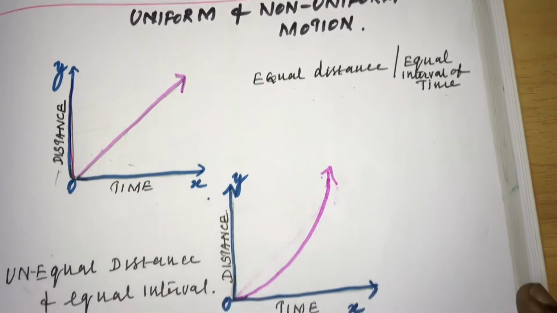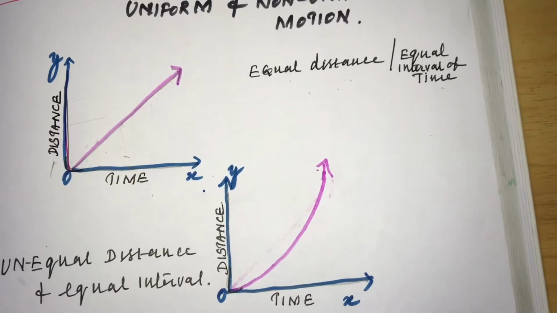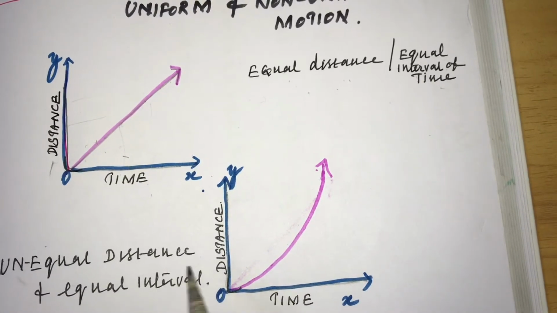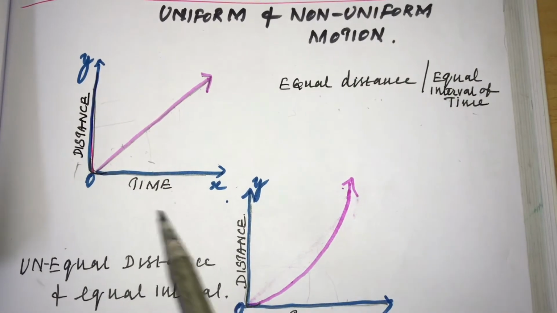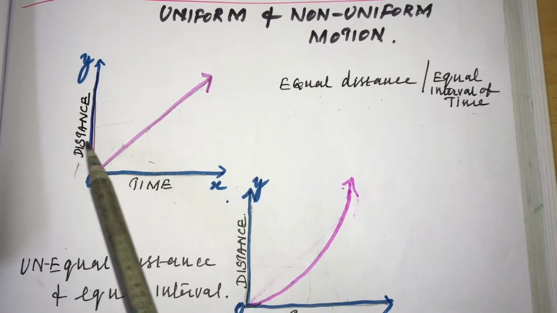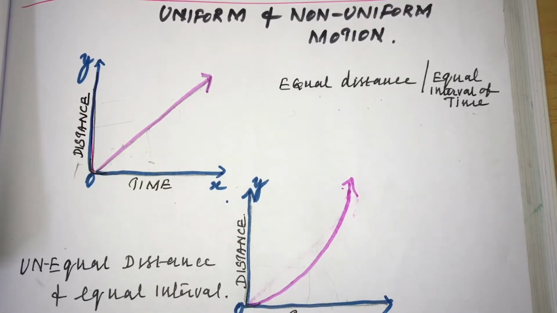What is called non-uniform motion is unequal distance with equal interval of time. So for uniform motion, the plot of time against distance is a straight line. For non-uniform motion, the plot of time against distance is a curved line like this.